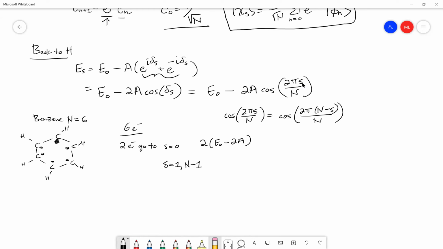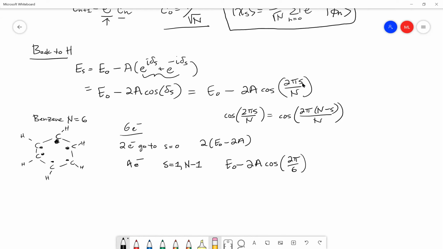They're doubly degenerate. So that energy level corresponding to s equals 1 or n minus 1, those two things, is degenerate. So actually 4 electrons can go into that state. And what's the energy there? Well, it's E0 minus 2a times cosine of 2 pi over 6, and that's just a half.